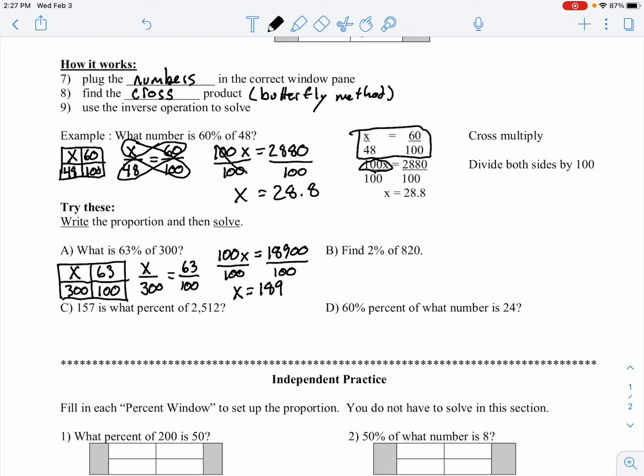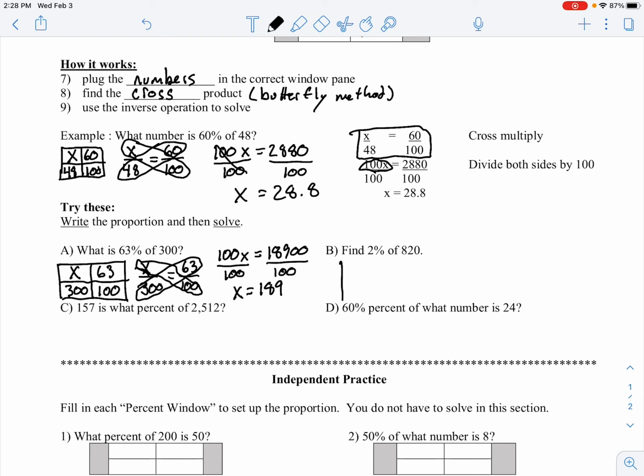So what this is telling us is that 189 is 63% of 300, which would make sense because 50% of 300 is half of 300, which would be 150. So for 63%, we're kind of in the ballpark of that 50%. So this is how we are solving these. And remember, we got that equation set up by taking our cross product, or our butterfly method.